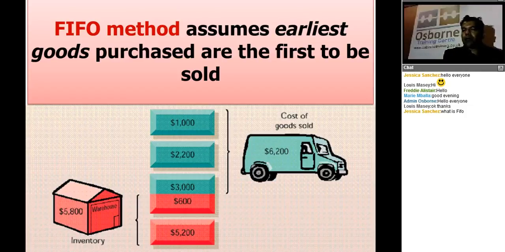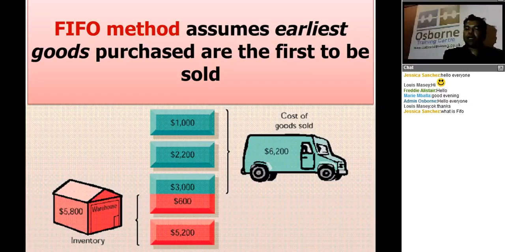Here we have a simple example. You can see a small picture here. The inventory is kept in the warehouse. The first one is $1,000 worth of inventory that we received in our stockroom. Then we received $2,200 worth of inventory.